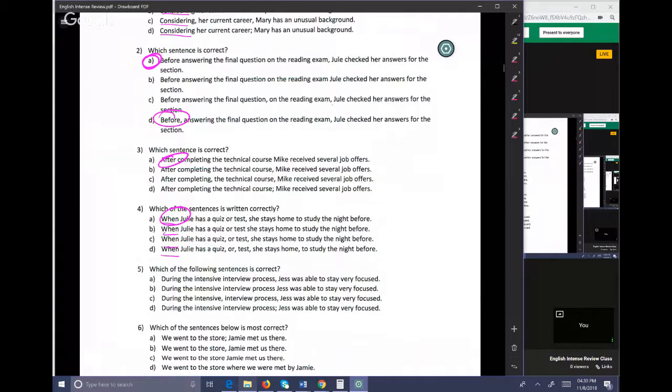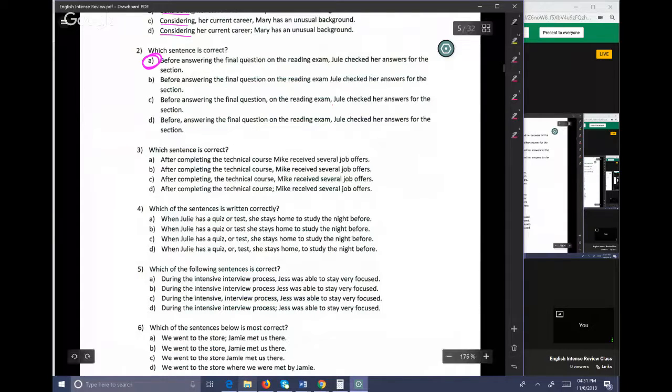That said, when we see it at the beginning of a sentence like this, it's definitely a conjunction. So here, when Julie has a quiz or test, makes it apparent to us as the reader of the sentence that the point isn't her having a quiz or test. The point is when she has one of those, something else happens.